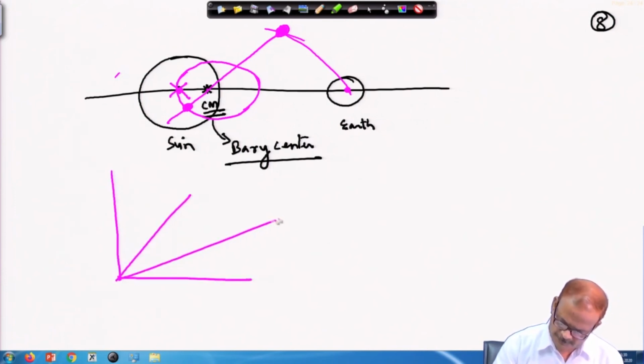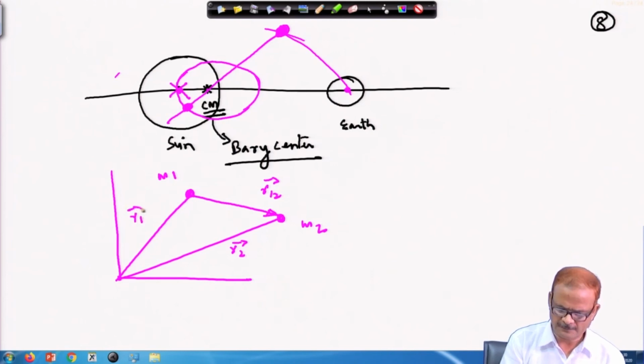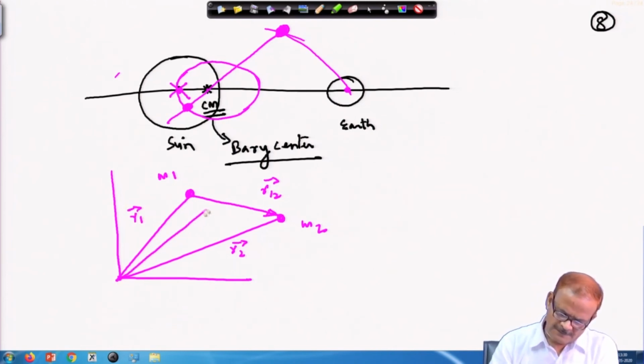But it is also possible, and prudent, that you write the equation of motion with masses m1 and m2, where this is r12, this is r2, and this is r1. Somewhere your barycenter is lying here.